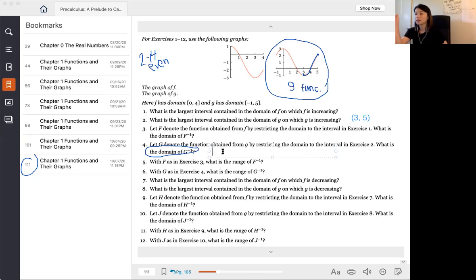The domain of the inverse is the range of the original, right? Do you guys remember that? So really, they're asking for the range of that increasing interval part. So what is the range? AKA the range.